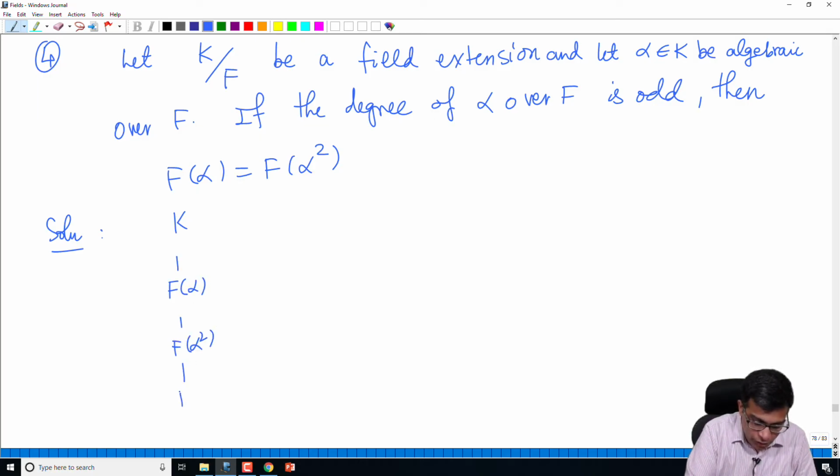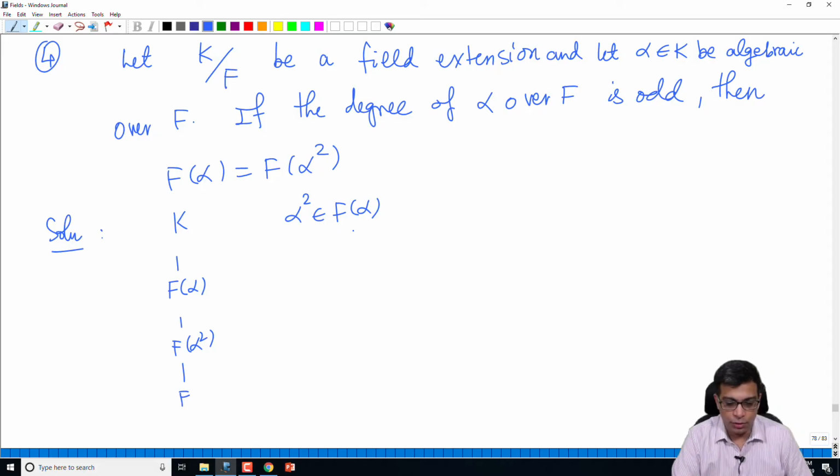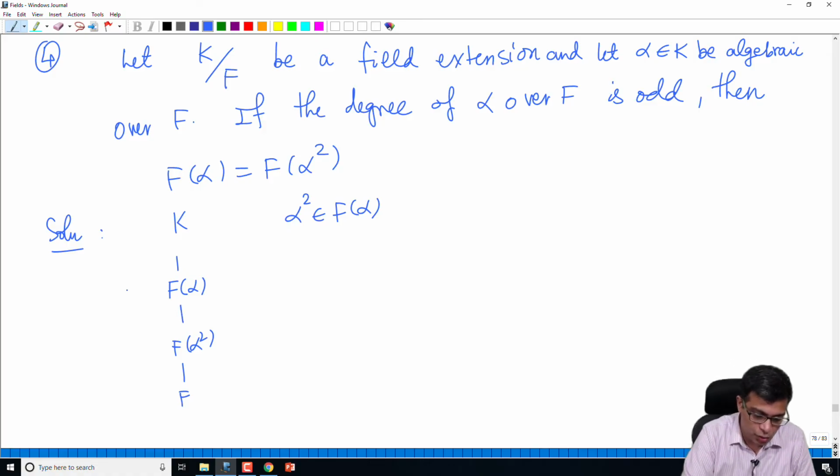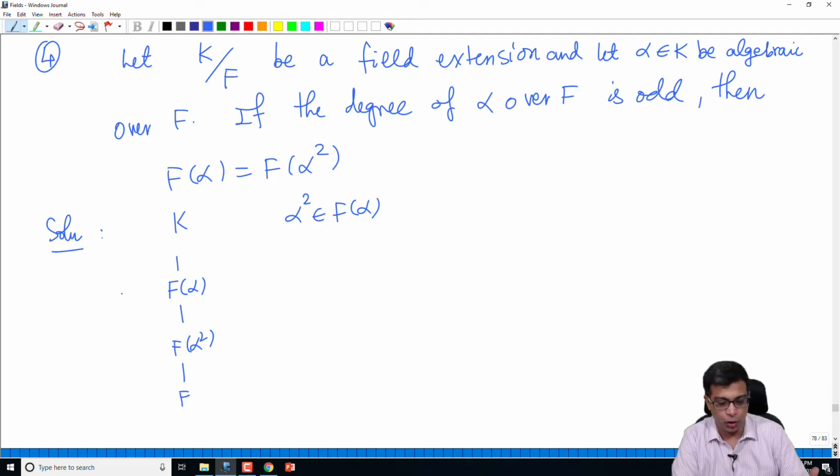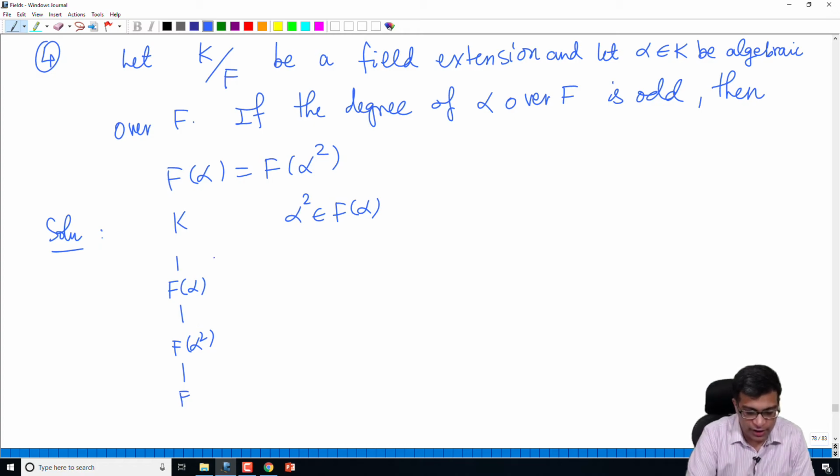So remember, F(alpha squared) is contained in F(alpha), because alpha squared is here. Alpha squared is a polynomial in alpha with coefficients in F. Namely, it is 1 times alpha squared. So it is there, so F(alpha squared) is a subfield. What do we know?